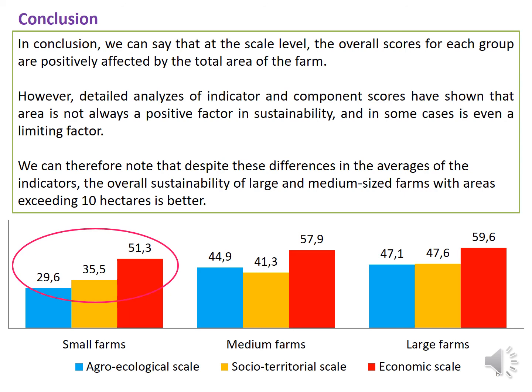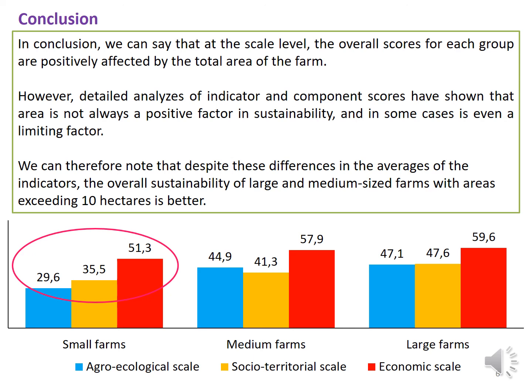In conclusion, we can say that at the scale level, the overall scores for each group are positively affected by the total size of the farm. However, detailed analysis of indicator and component scores have shown that area is not always a positive factor in sustainability, and in some cases it is even a limiting factor, especially for small-sized farms.